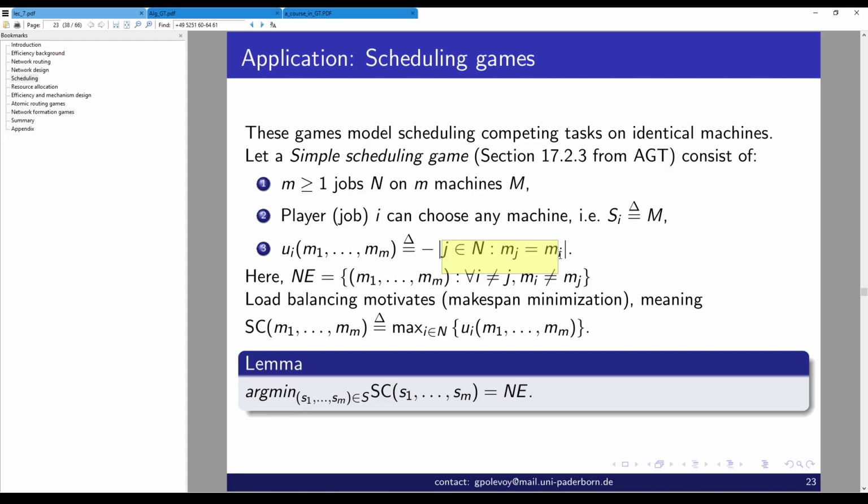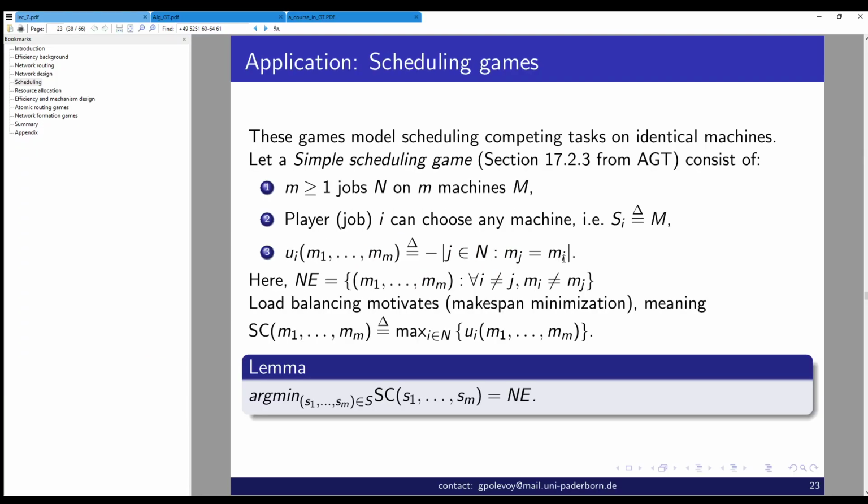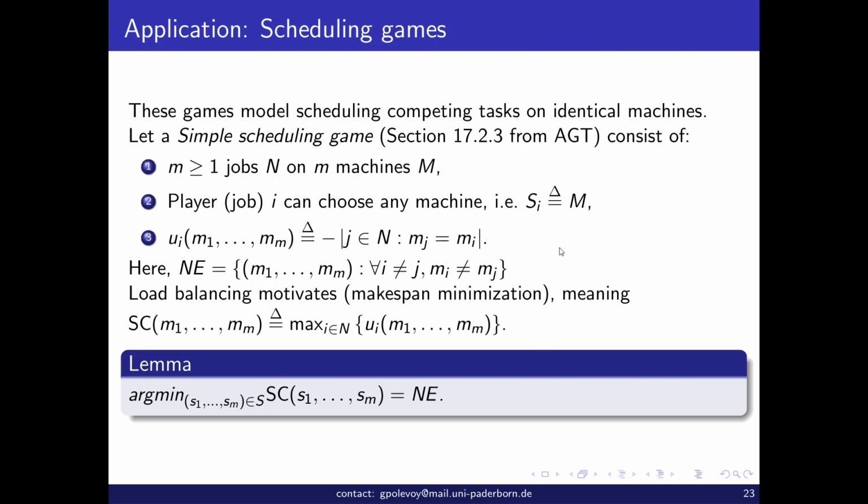And now we immediately see that the Nash equilibria of this game are all the choice profiles of machines, m_1 through m_M, such that any pair of different players go to different machines.